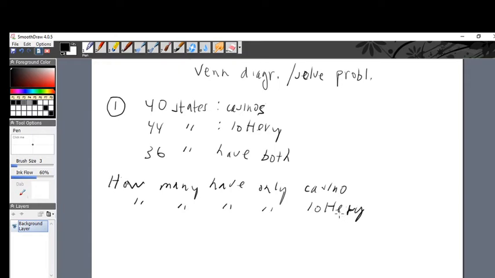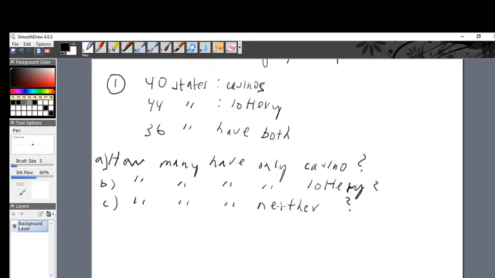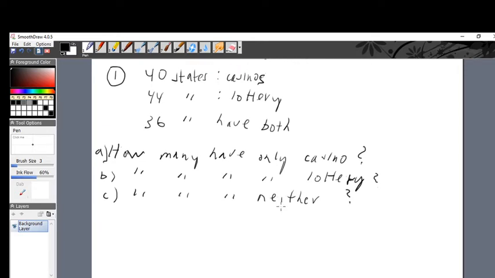And finally, C, how many have neither? Those are the three questions, A, B, and C. Okay, and we want to use a Venn diagram. Let's move this up. Can't move it up too far. We got to see that information. I need that information still there. There it is. And we have enough room for a Venn diagram.